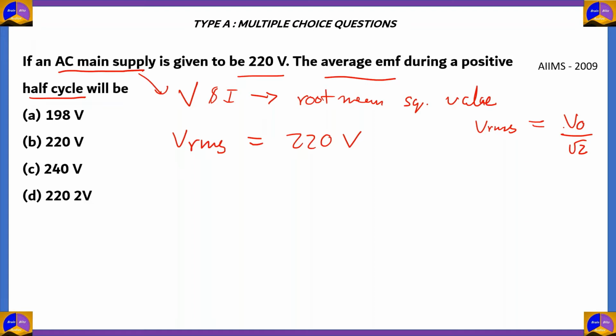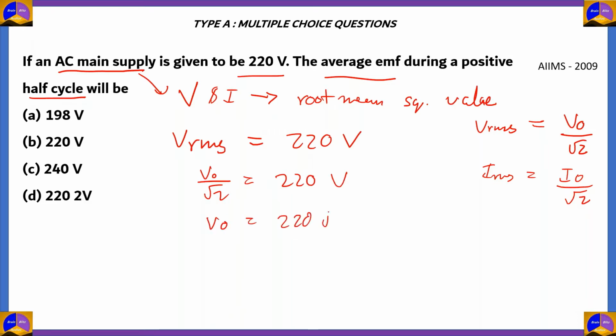So VRMS will be equal to V naught by root 2. If it's IRMS, then it will be equal to I naught divided by root 2. So let's plug in the value for VRMS. V naught divided by root 2 is equal to 220 volts. V naught is equal to 220 root 2 volts.